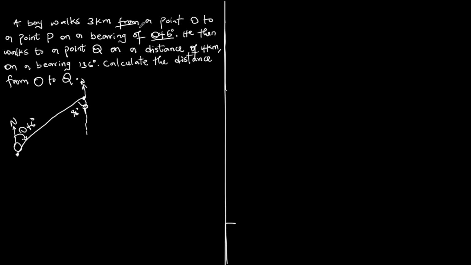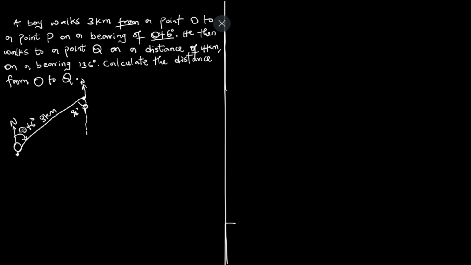Now, we're told that the distance between O and P is 3 kilometers. So this is 3 kilometers. So let's assume you're a pilot. Now the boy is a pilot. He was facing north.